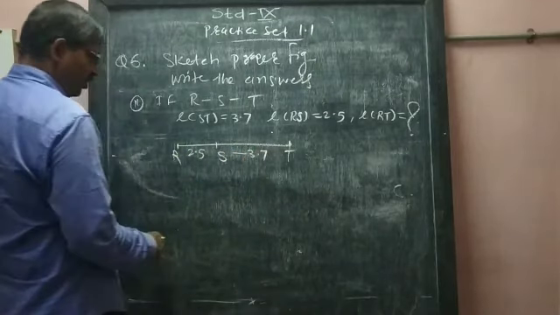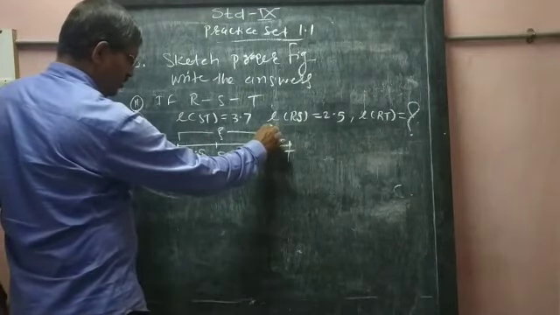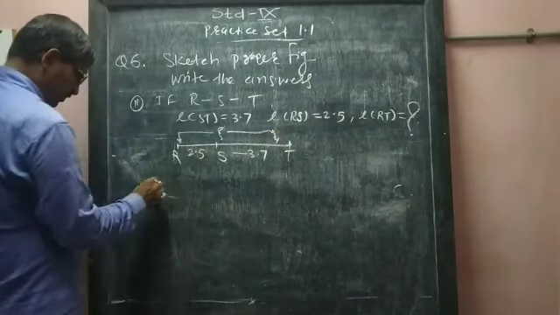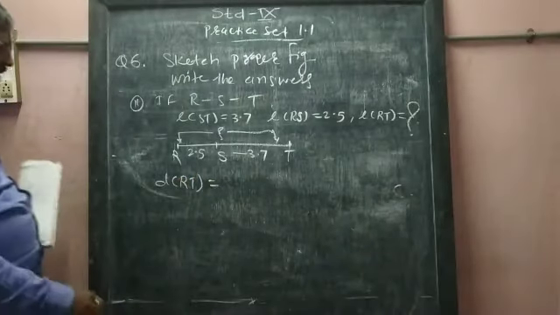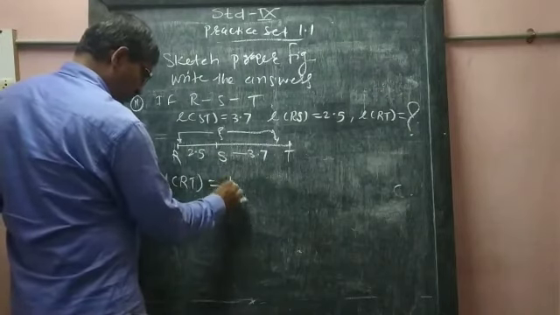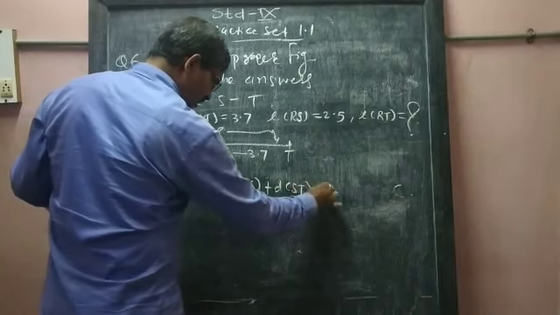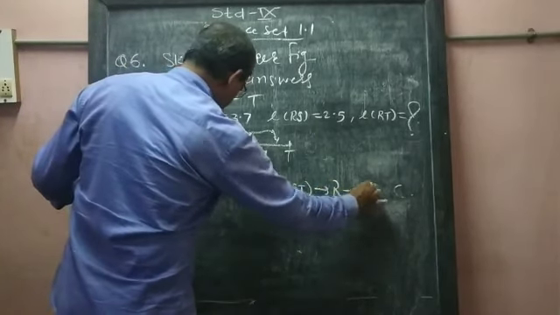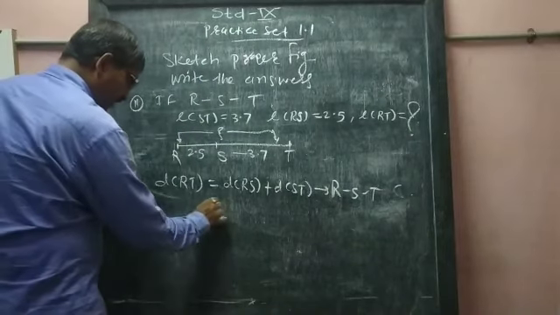You should find the distance of RT, equal to question mark. So distance of RT is equal to distance of RS plus distance of ST, since S is between R and T. What will you get? Check.